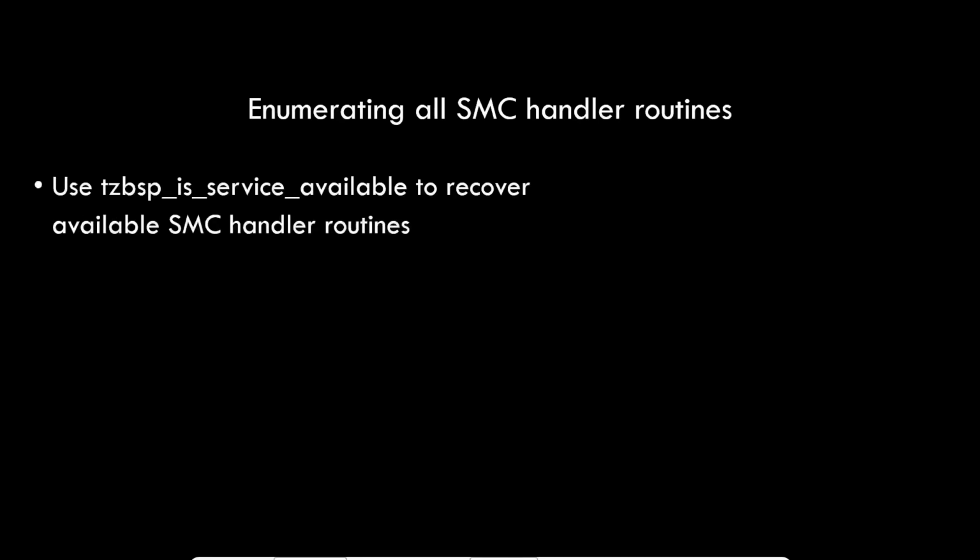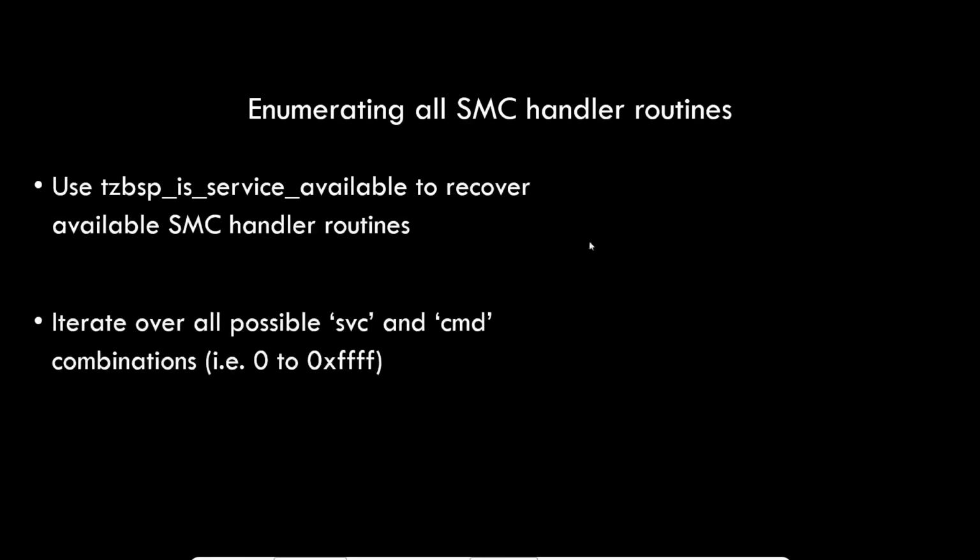So the first thing that we do, we explore the attack surface. We enumerate the SMC routines. So we have two ways: we can reverse all of them and count them, or use a function which is called tzbsp_is_service_available to recover all the available handlers. And we just iterate over all the services that we're calling and all the commands.